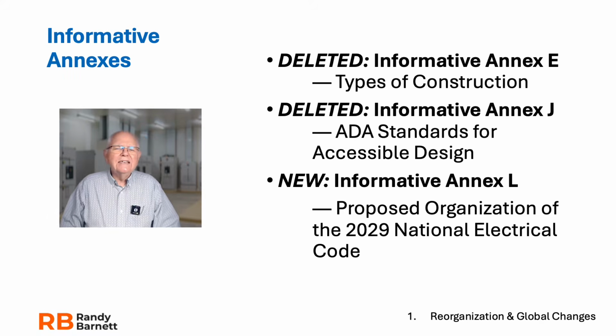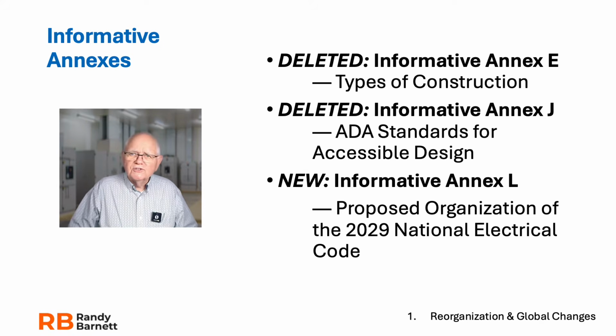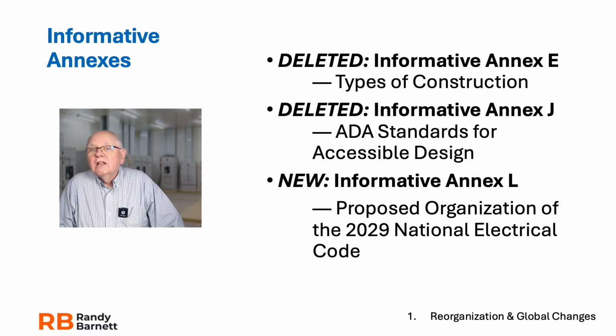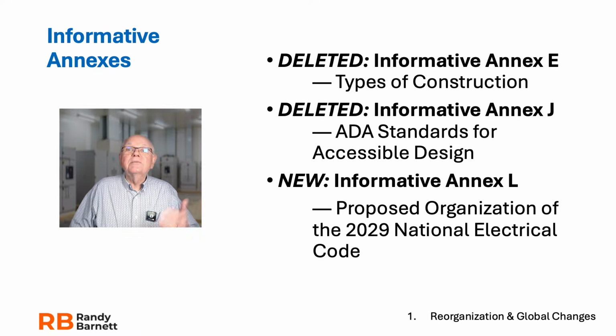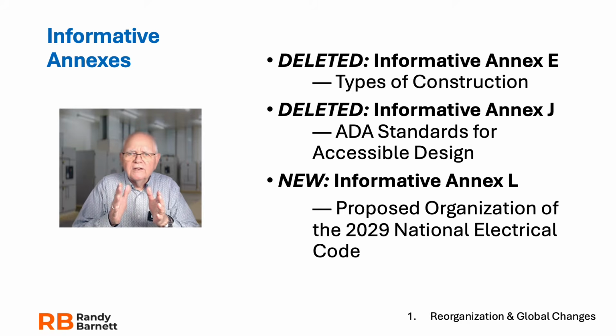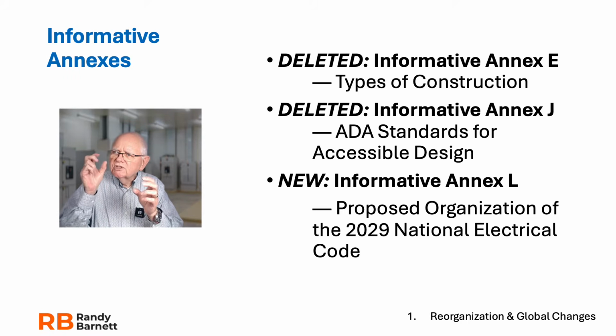Informative Annex E and Informative Annex J were also deleted in this code. Why? Well, Informative Annex E was types of construction, and evidently a lot of people had problems with the information that was in there. Annex J was the ADA, Americans with Disabilities Act standards for accessible design. And just kind of the way that the NFPA normally does business is that if I have information, I don't want to duplicate information in one code here and another code here.